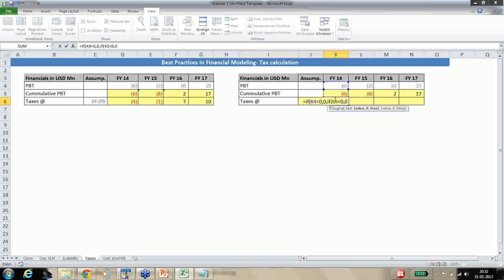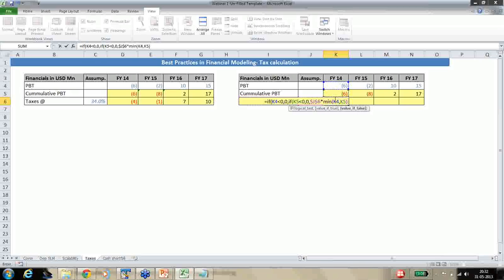So the only thing we have to check now is whether my PBT for this year is positive and my total PBT is positive. So now we have come to that condition. If both cases are true, then we should take the tax rate and multiply it with the minimum of my PBT or the accumulated PBT.